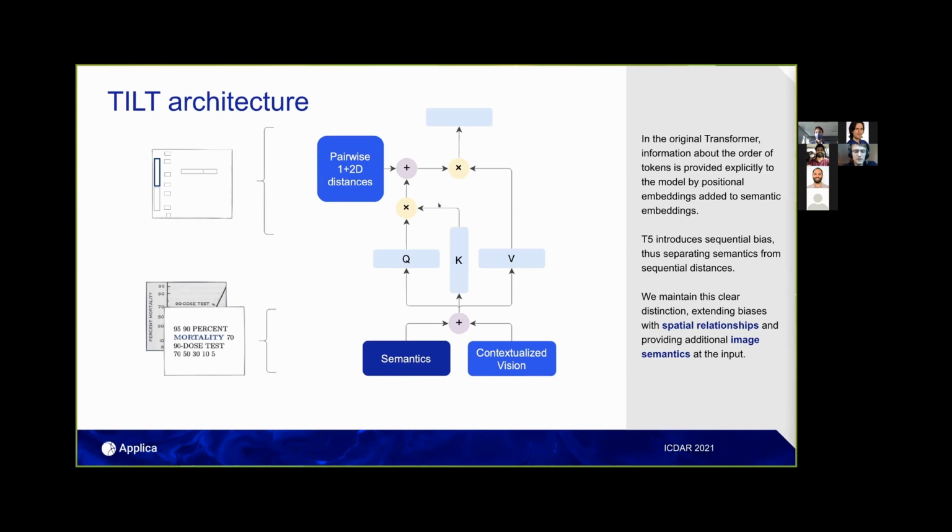Similarly, we added additional horizontal and vertical bias calculated in the same way as the T5 positional bias, but computed according to the distances between the boxes. Moreover, we have extended the token semantics by summing them with image semantics from the visual encoder.